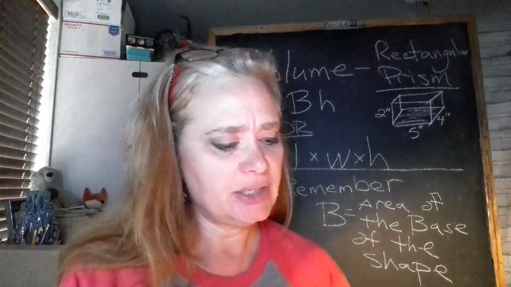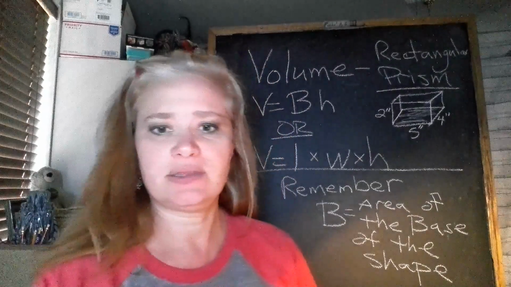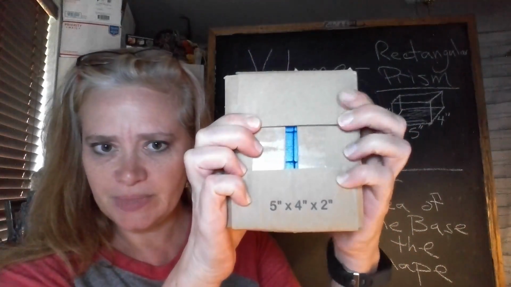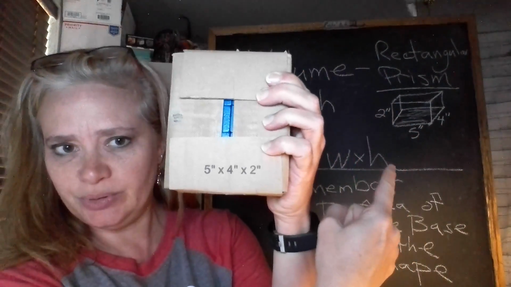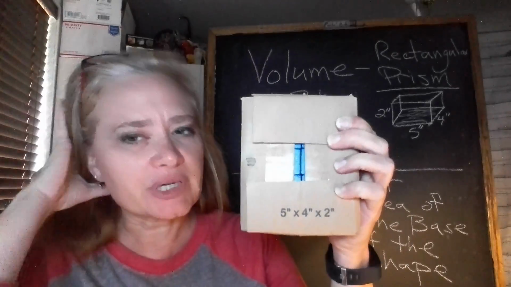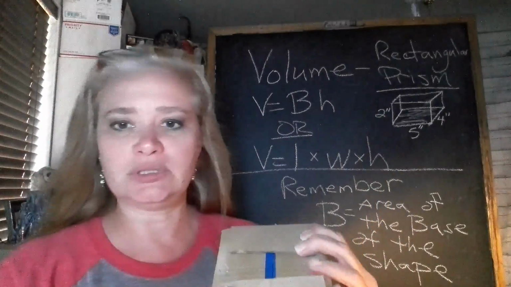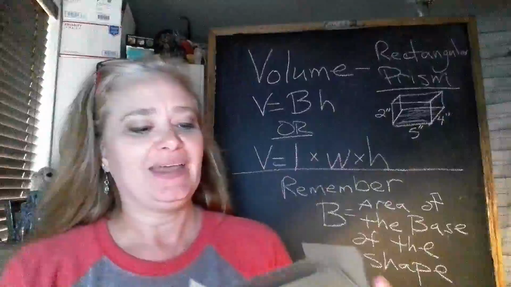So yesterday, we played with this particular rectangular prism, and that's the same example I have up there on the board. But I wanted to give you a little bit better visual, so I played with it last night.